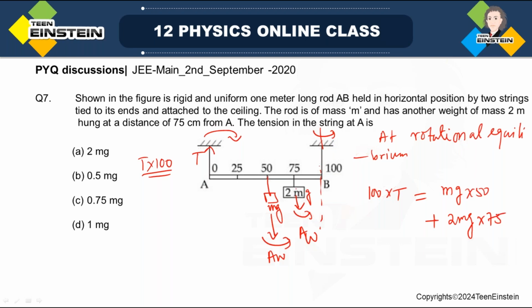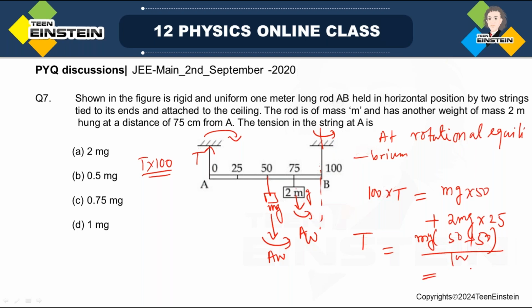Sorry, not 75, it is 25 because it is from B. So T will be, taking mg common, 50 plus 50, divided by 100.